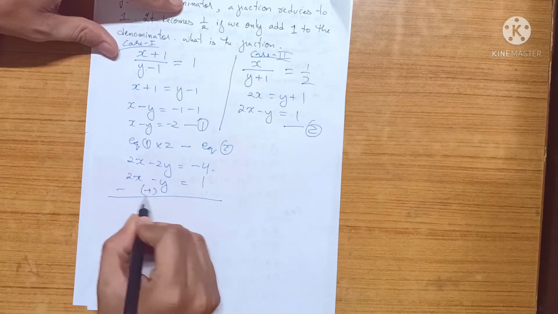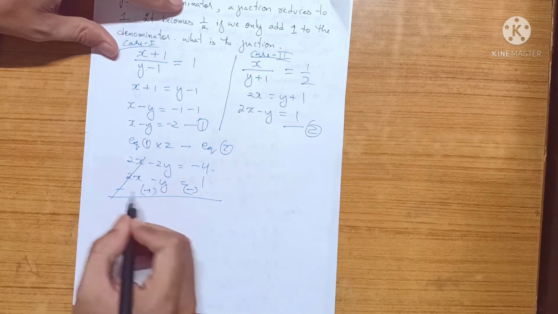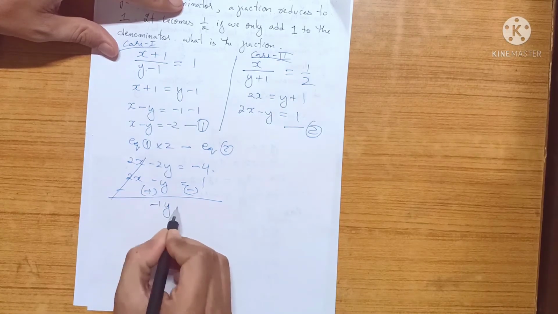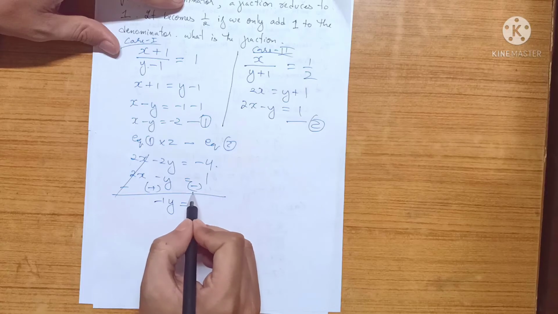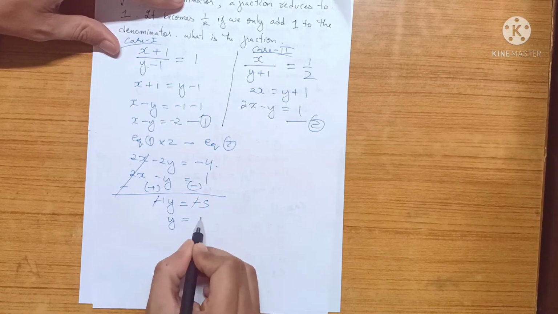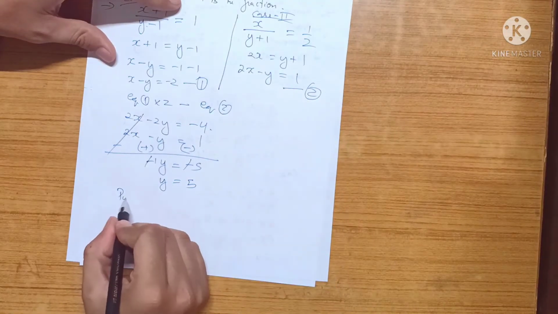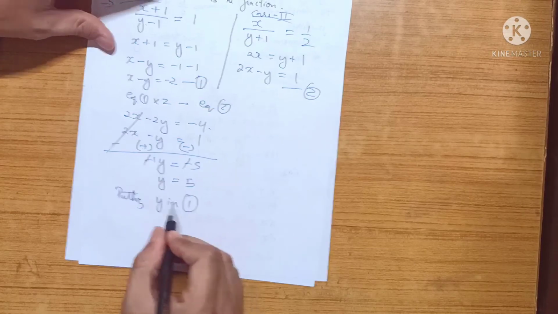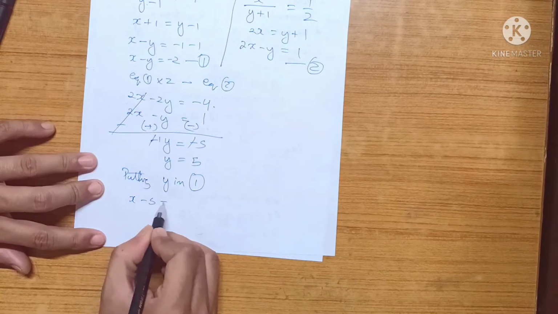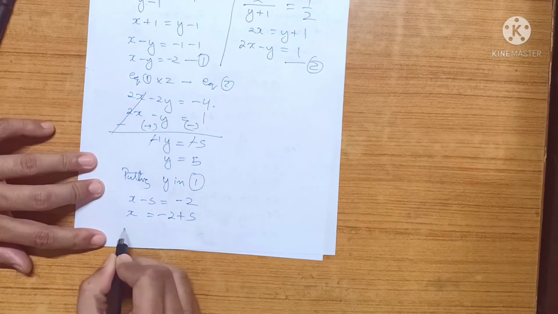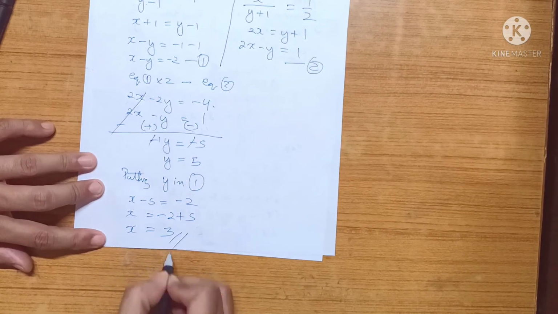This becomes minus, this becomes plus, this becomes minus, these two get cancelled. So minus 2y plus y is minus 1y, minus 4 minus 1 is minus 5, minus we can cut, so y equal to 5. Putting y in equation 1, x minus 5 equal to minus 2, so x equal to minus 2 plus 5, x equal to 3.